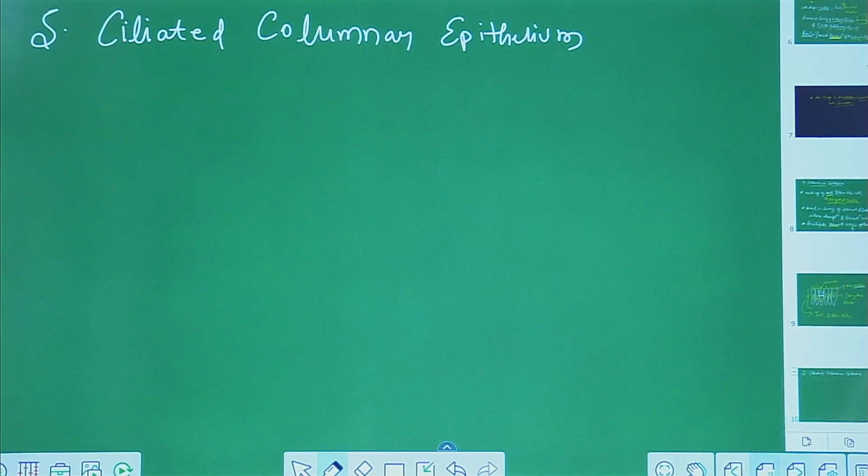So yes, when columnar epithelium cell possesses cilia, okay, they are known as the ciliated columnar epithelium.